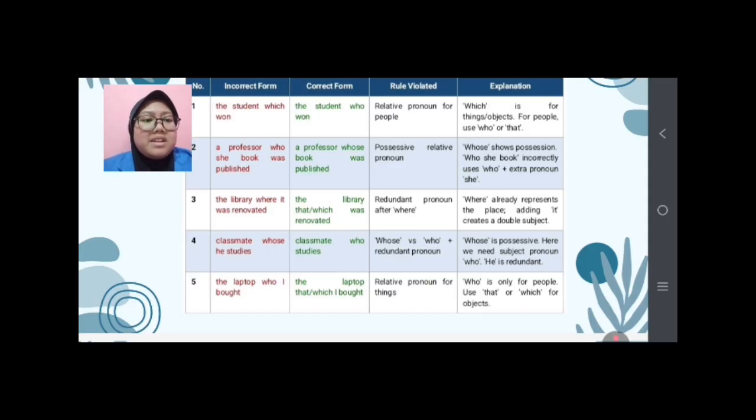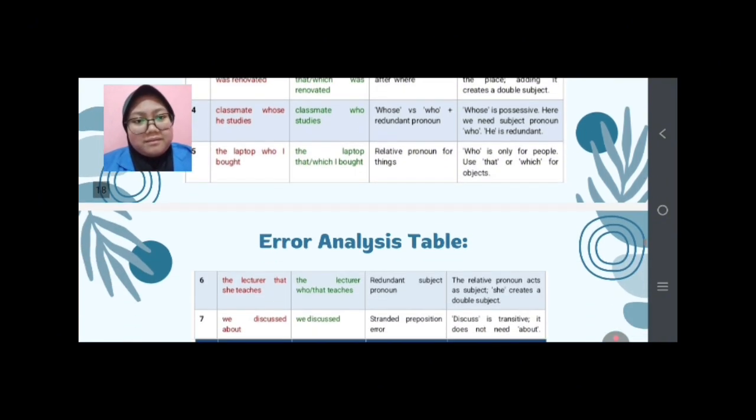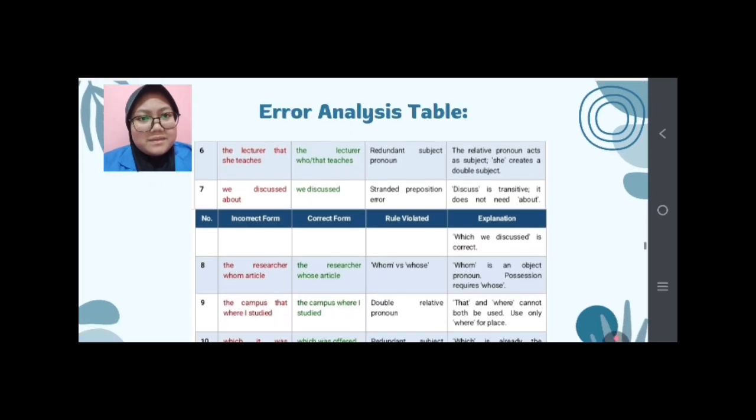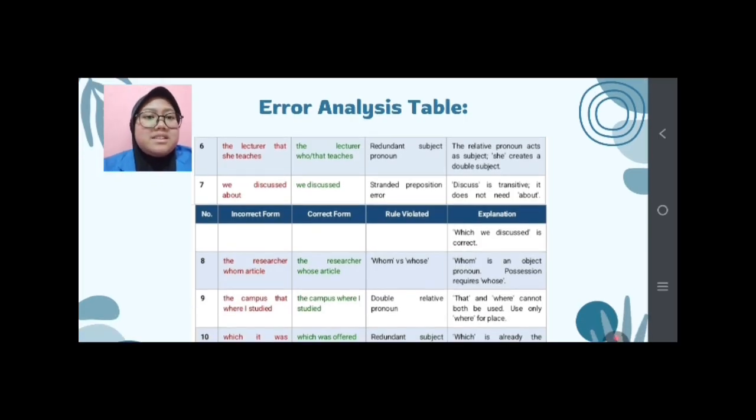Relative pronoun for things: who is only for people, use that or which for subject. The lecture that she teaches. The lecture that the lecturer teaches, or that teaches. Redundant subject pronoun. The relative pronoun acts as subject, she creates a double subject.